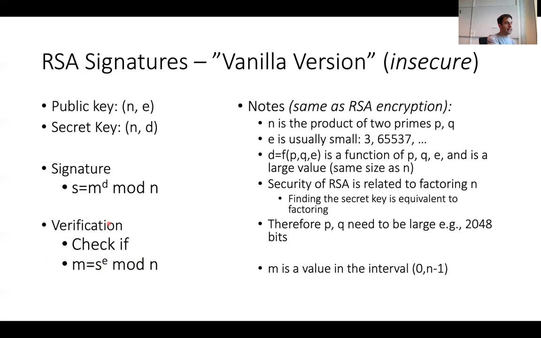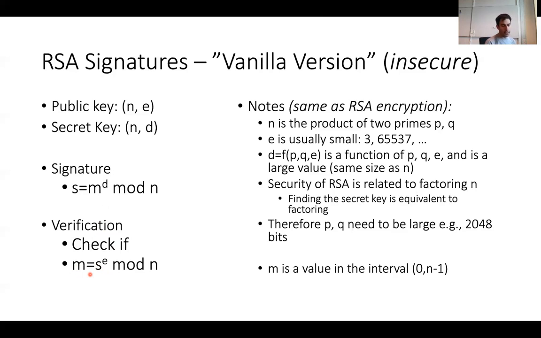Since E and D were chosen the way they were, and you can go back to the video on RSA encryption to see how, since RSA decryption is correct, if you encrypt a message and then decrypt, or decrypt and then encrypt, the order doesn't matter, you get the same result. Then RSA signatures are correct, and you can verify an RSA signature.